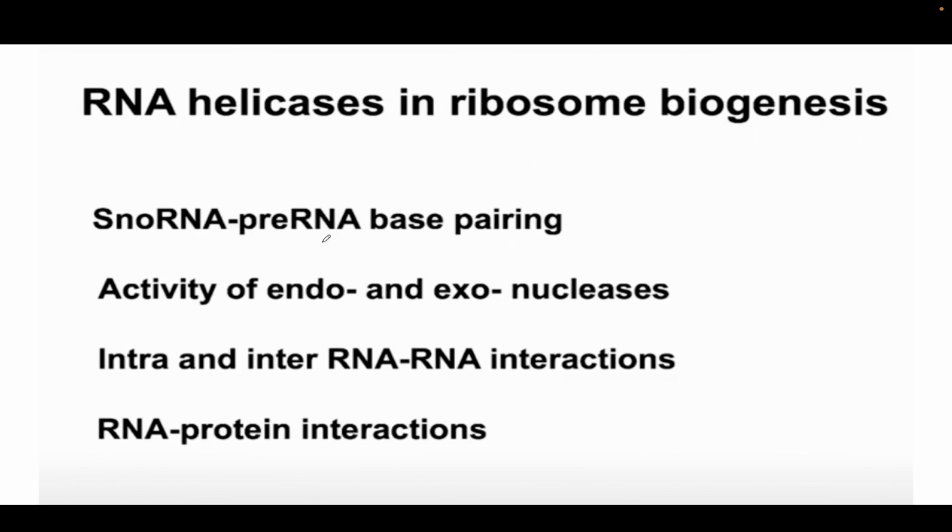It helps in snRNA and pre-rRNA base pairing, activity of endonucleases and exonucleases, and intra and inter RNA-RNA interaction. That means intra-RNA means inside the RNA and inter-RNA means between two RNAs. Why is it required? Because of the processing of ribosomal RNA.